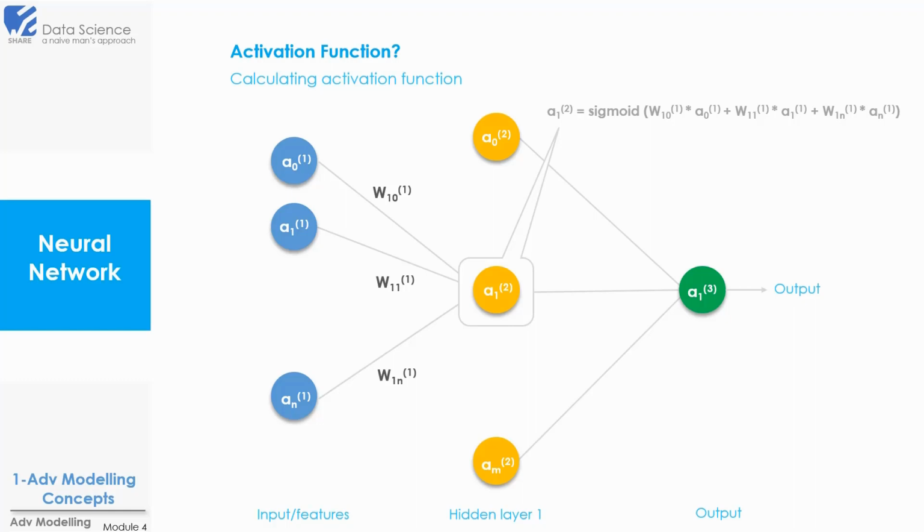So the value of neuron can be calculated using the sigmoid function as given here on the screen. Just multiply the weights with each of the neurons of the previous layer and then add it and then use the sigmoid function. This way we'll get the neurons in the hidden layer.